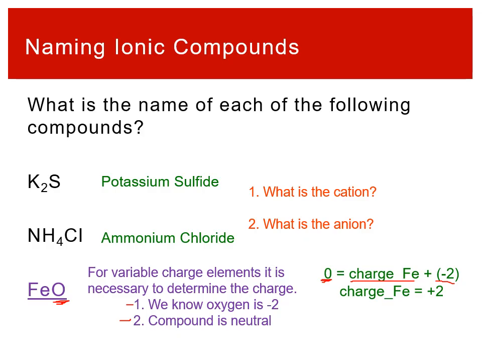When we add their charges together, they have to be 0, which means the charge on this iron has to be opposite the charge on the oxygen. If you had more than one of an atom, you could use coefficients, like 2 irons. But in this case, the charge on the iron is going to be +2, which means we would call this iron 2 oxide. We could have, say, iron 3 oxide, which would have a different formula. You could have different formulas for those different size cations.